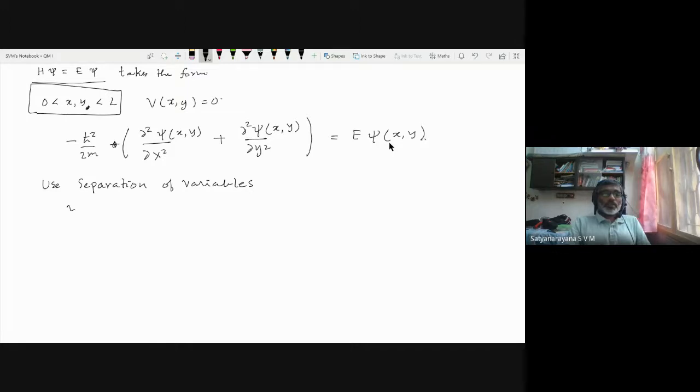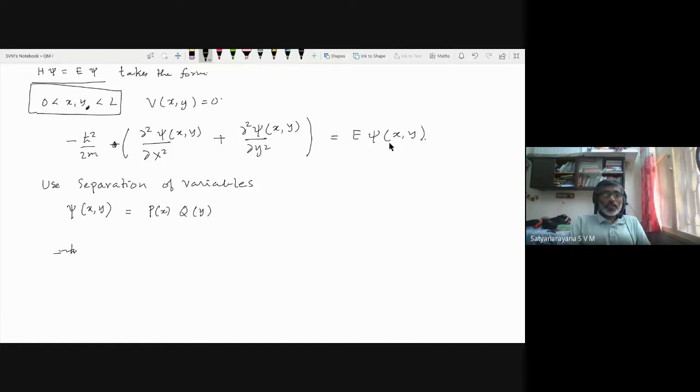That means I'm going to write psi of xy as some p of x into some q of y, and substitute it in this equation.